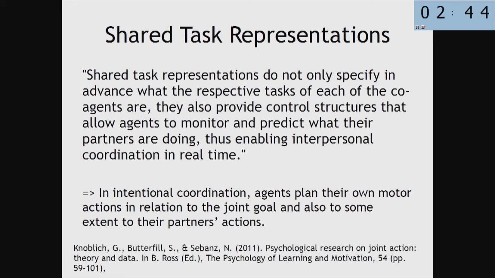But shared task representations do not only specify in advance what the respective tasks of each of the co-agents are. They also provide control structures that allow agents to monitor and predict what their partners are doing, thus enabling interpersonal coordination in real time. It means that in intentional coordination, agents plan their own motor actions in relation to the joint goal and also to some extent to the other partner's actions.